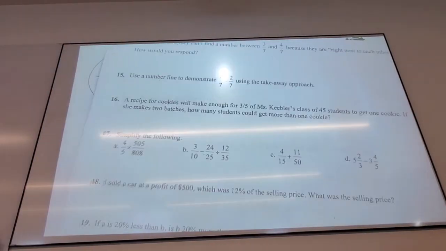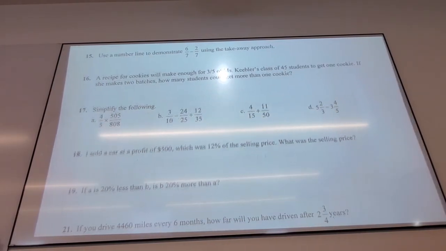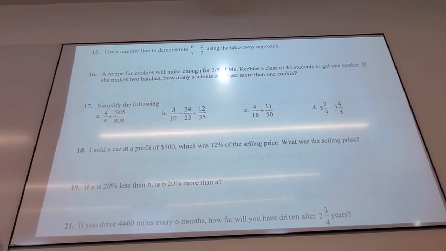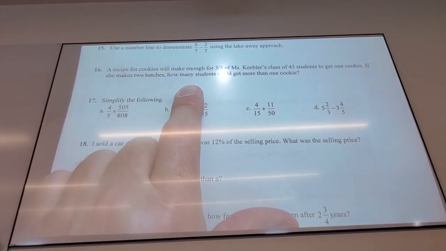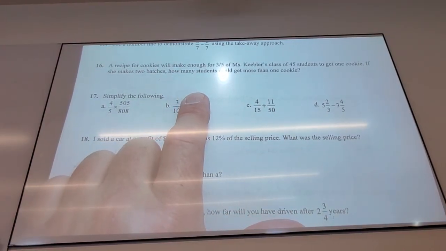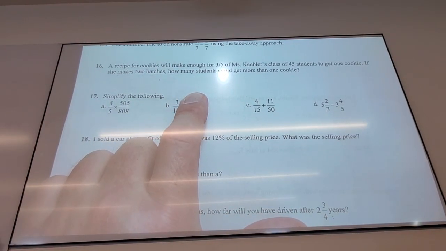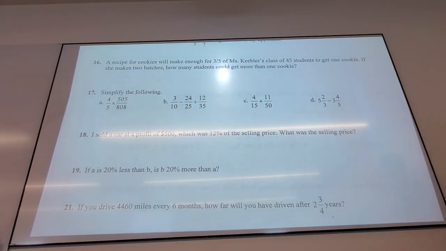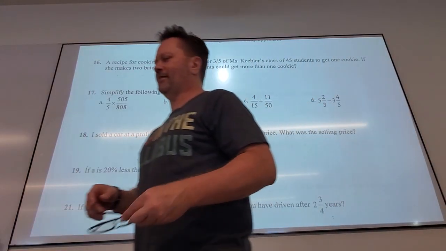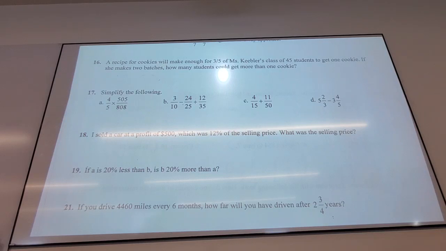So guys, anybody try out number 16? Does anyone think they figured out number 16? Maybe? That's why I'm asking if I got it right or not, or if the process was right. The recipe for cookies makes enough for 3/5 of Miss Keebler's class of 45 students.